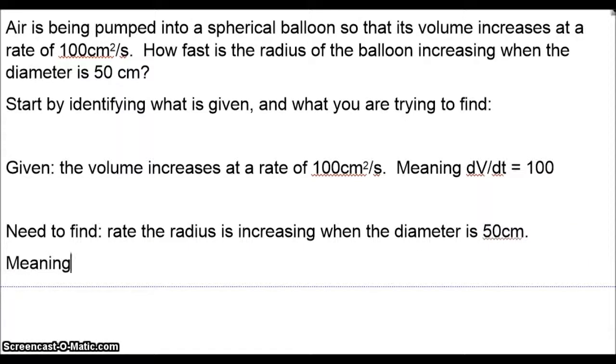Interpreting this tells us that we are trying to find dr/dt, the change of radius with respect to time, when the diameter equals 50, or of course what we really want, the radius is equal to 25.